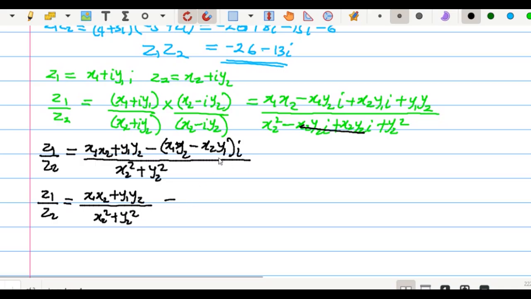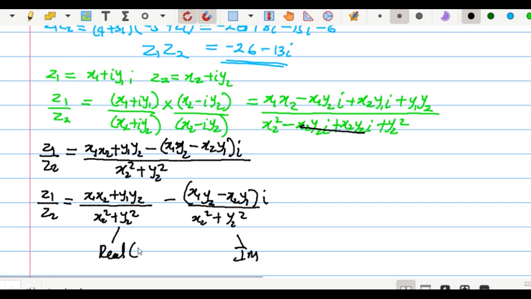Then this is minus the imaginary part now, x1 y2 minus x2 y1 i divided by x2 squared plus y2 squared. So this is the real part and this is the imaginary part, real part of z1 over z2. This is the imaginary part of z1 over z2.